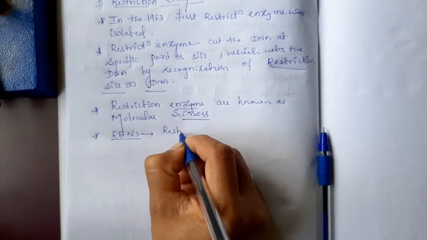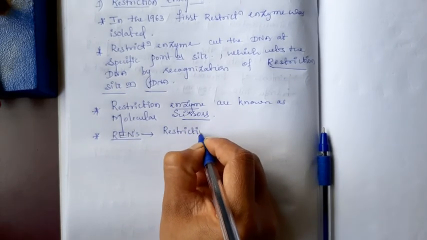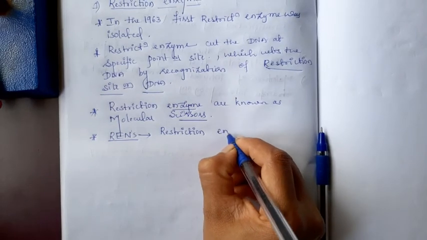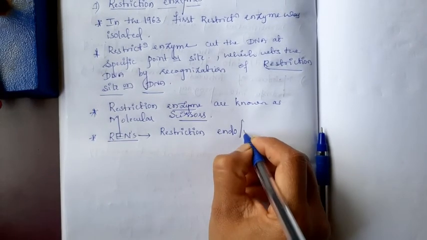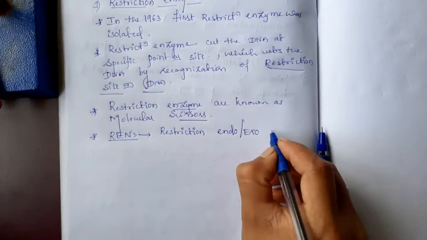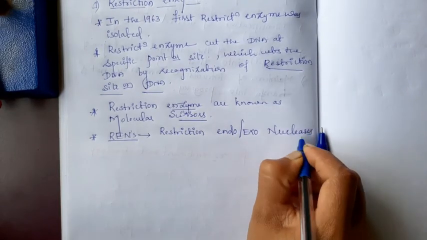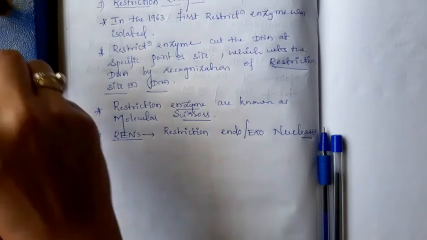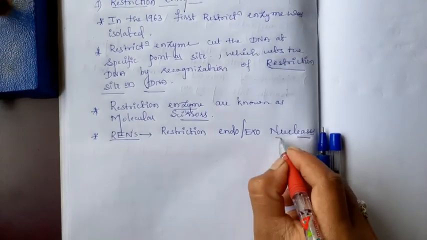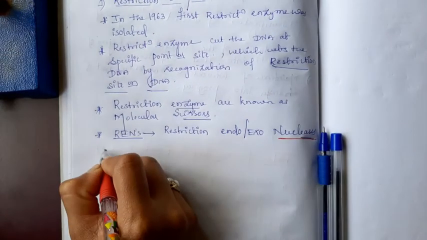RENs means restriction endo or exonucleases. Just understand, students, the word nuclease.